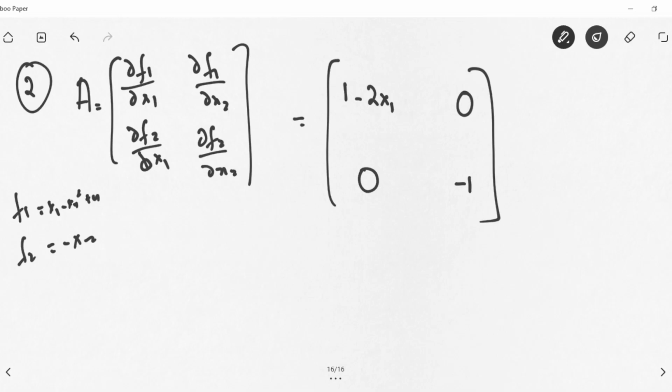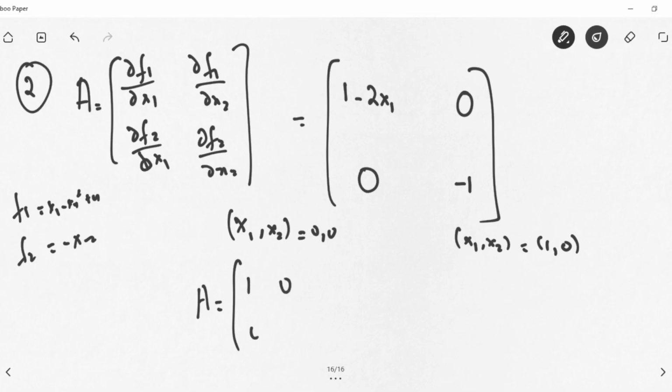This is our A matrix, but we have to find it where? At x1, x2 equal to 0, 0 and x1, x2 equal to 1, 0. So at this point, the A matrix will be equal to 1, 0, 0, minus 1. At the other point, it will be equal to minus 1, 0, 0, minus 1. This is actually the previous example, only I am including the U matrix also here.